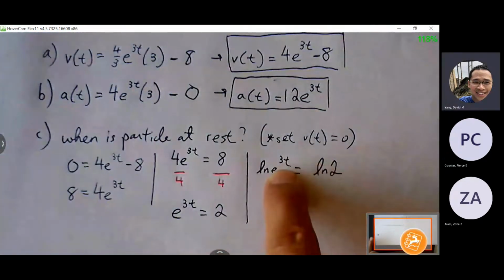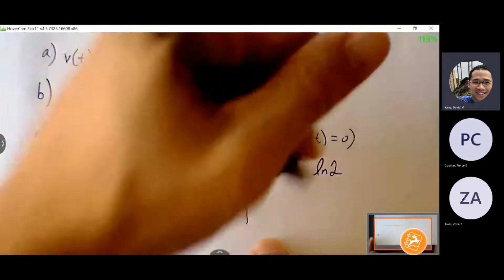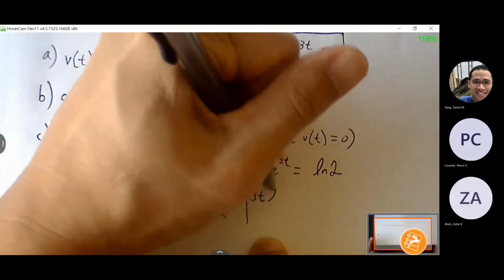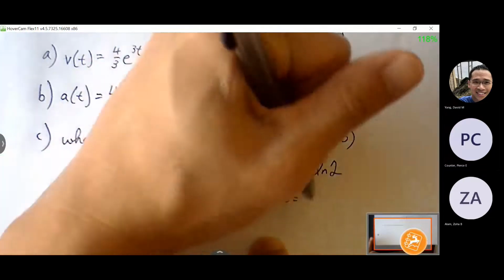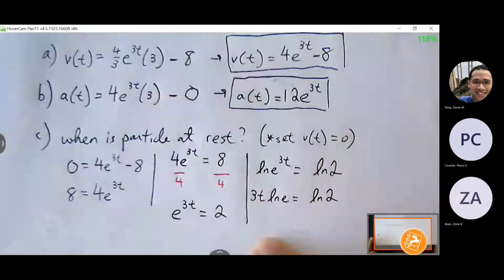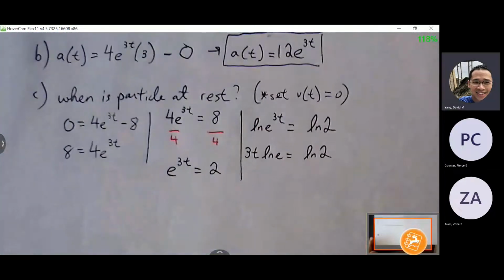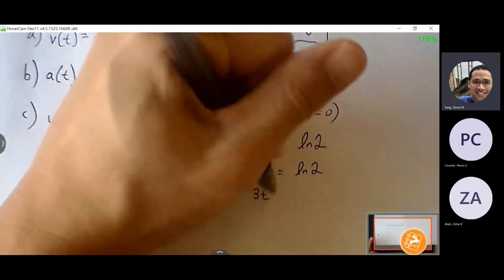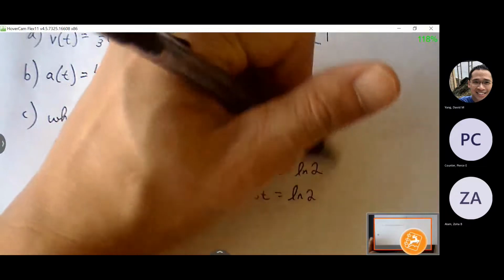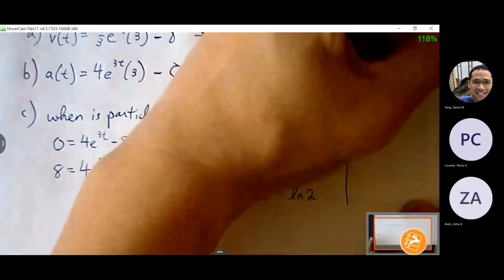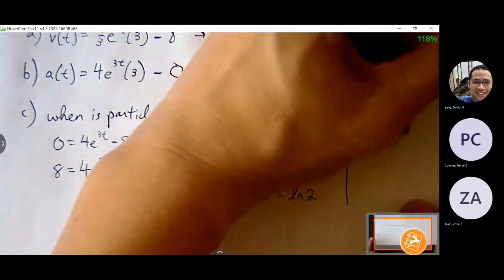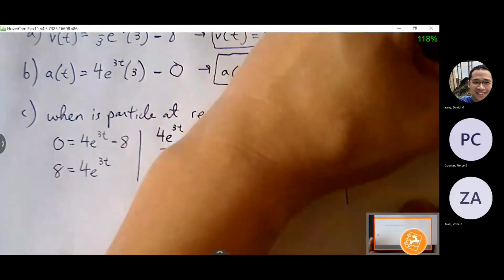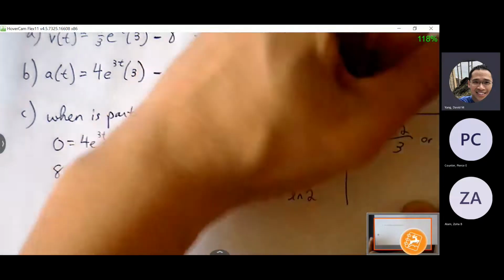That exponent is now free to move. 3t can come down in front. Natural log of e becomes 1. That goes away. 3t equals natural log of 2. Solve for t. Either form is fine.